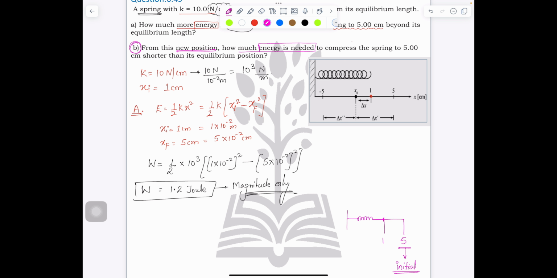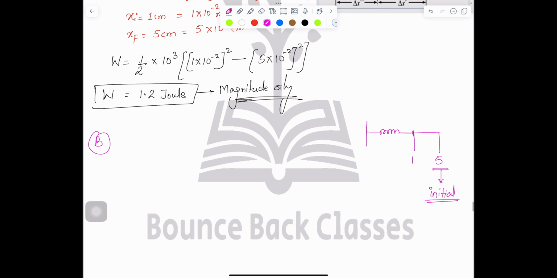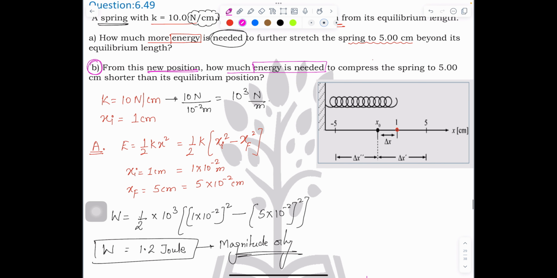Again you need to find the energy. So work done should be equal to half K, xi squared minus xf squared. Initial, I understand, x initial is 5 centimeter, which is 5 multiplied by 10 raised to negative 2 meter.